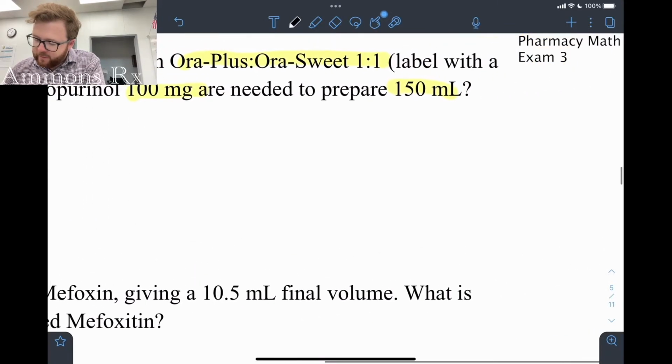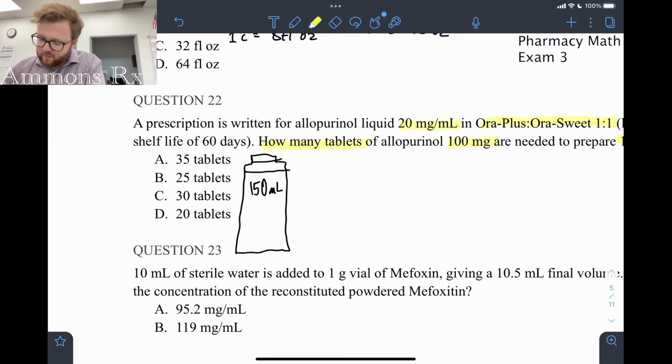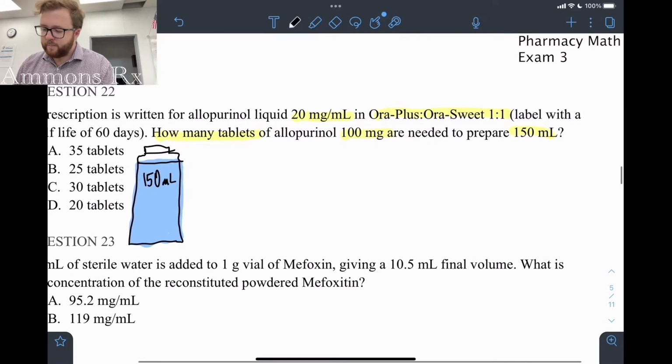So this bottle is going to be how big? It's going to be 150 mils. Okay. So that's our entire solution right there.